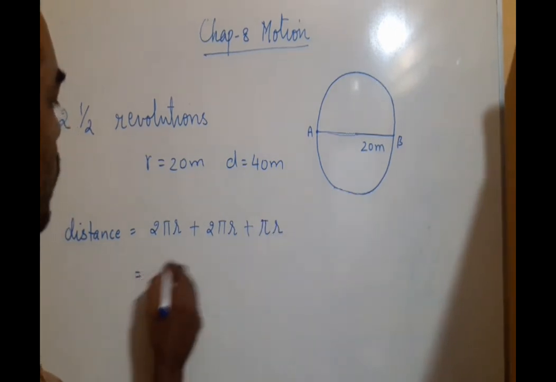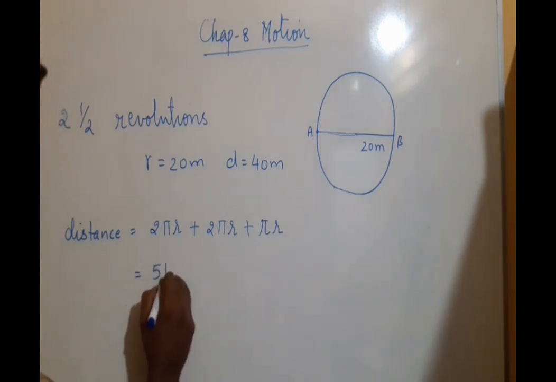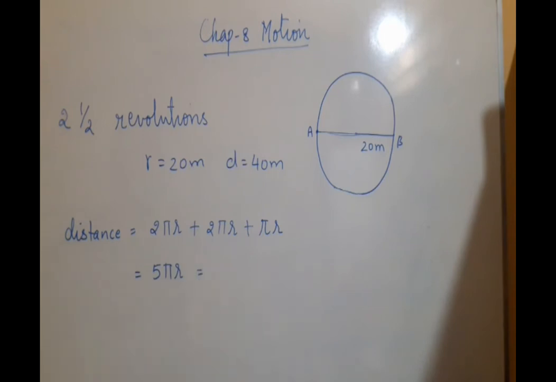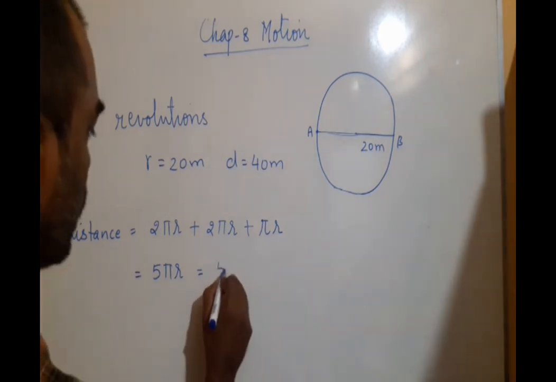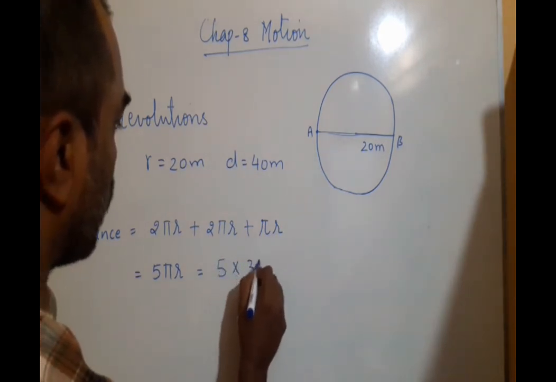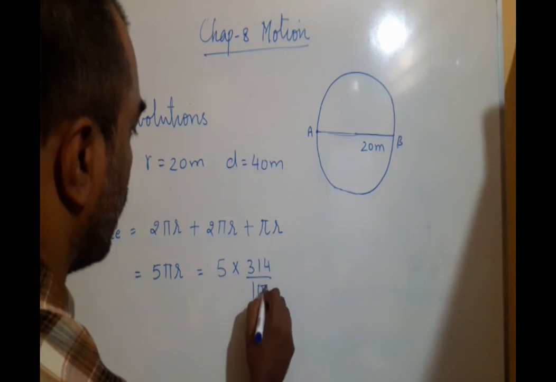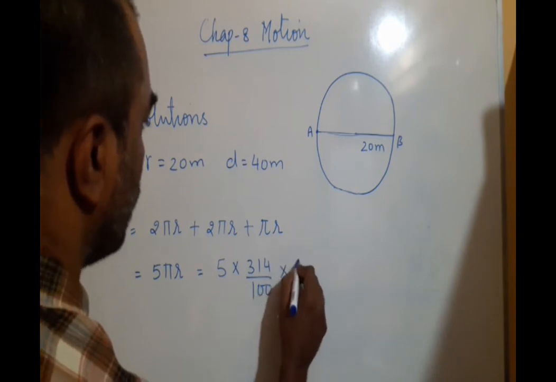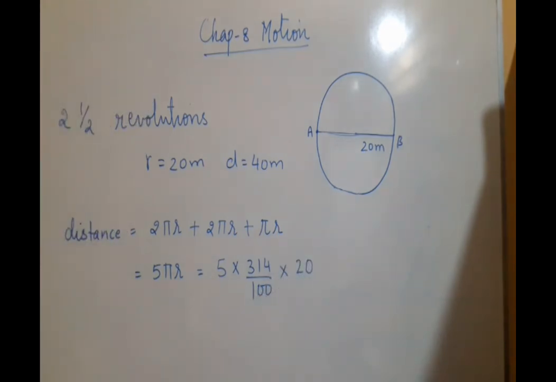So 2 pi r plus 2 pi r plus pi r is 5 pi r. The total distance he is running is 5 pi r. So we'll do 5 into 3.14, or 314 upon 100, into radius, we take 20.